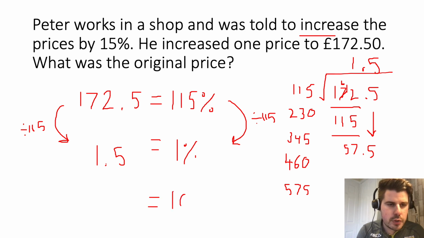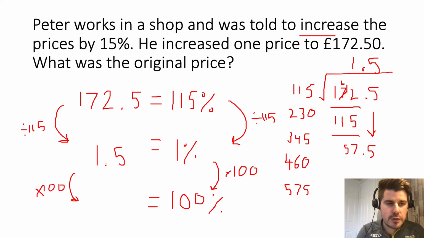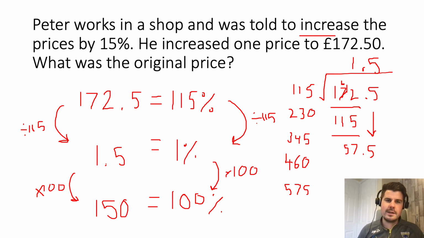We're going to multiply this 1% up to 100% by multiplying it by 100, and do exactly the same on the other side. So we multiply 1.5 by 100, which gets us to 150. So that was the original price before he increased it by 15%.